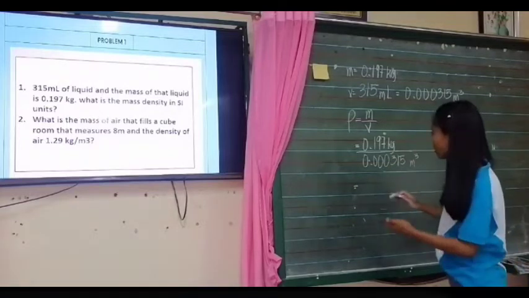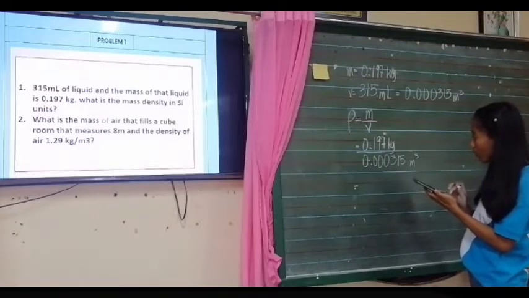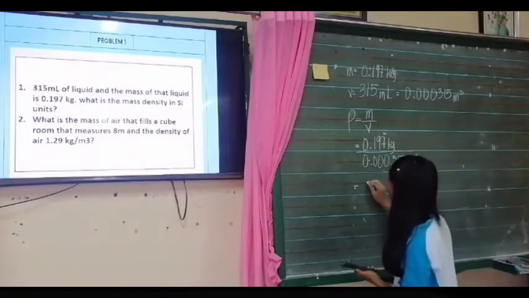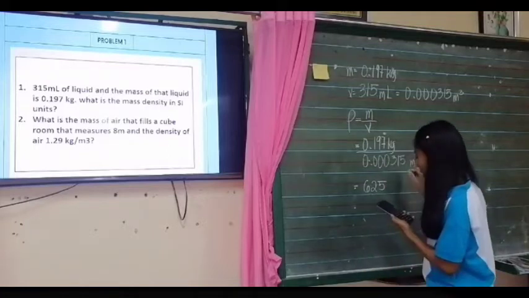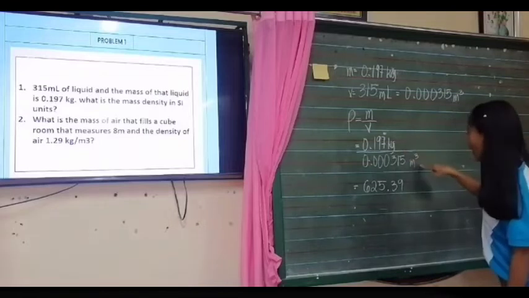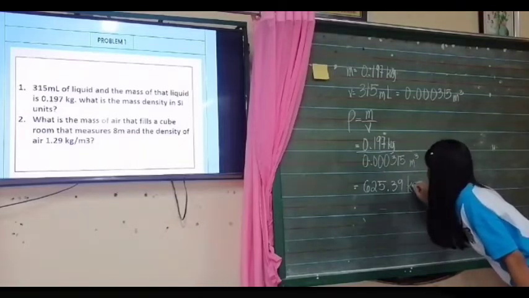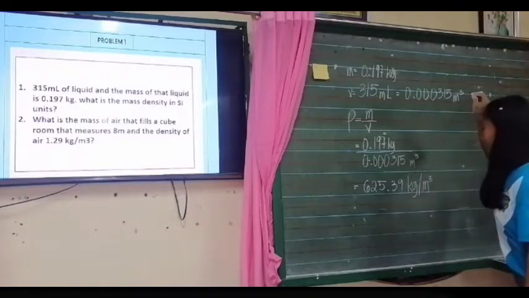We have 0.197 divided by 0.000315, 625.39 kilogram per cubic meter.